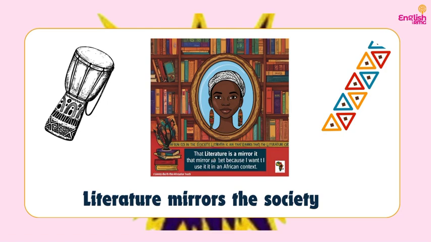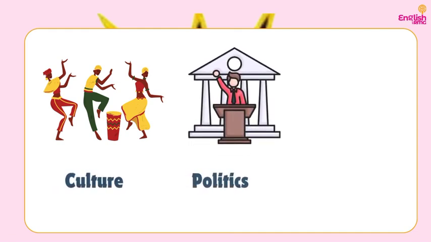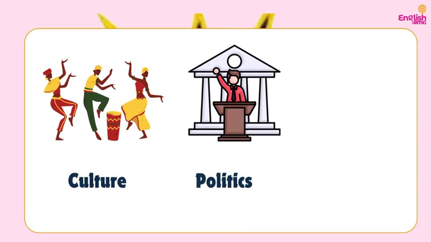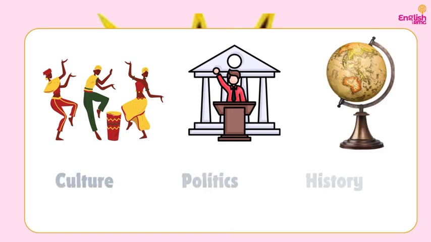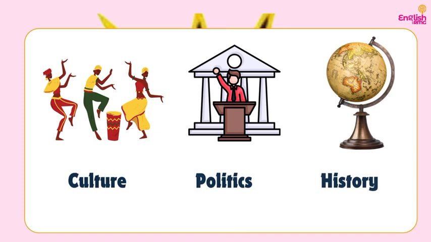Rather, it is reading for you to know, for you to understand issues in the society or some issues that have happened in the past in a particular period of time. So your literary text could be exposing you to some culture or some politics in some period of time, such as we have in the colonial period. It could also be exposing you to a rich history of probably Africa or Western history.